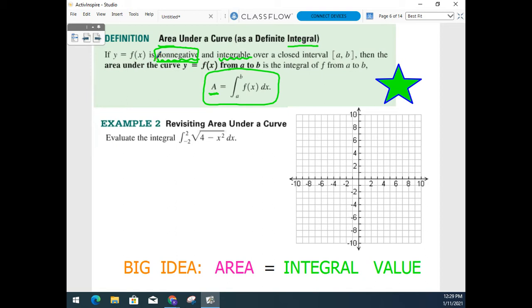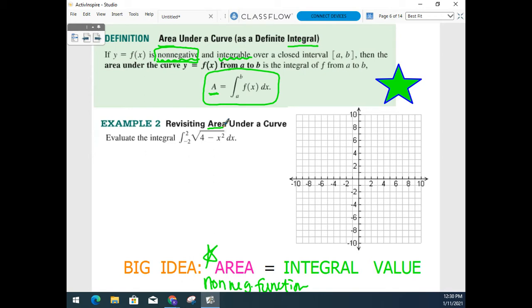The area equals the integral for non-negative functions. Okay, so there are times that we can use area to help us find the integral value.